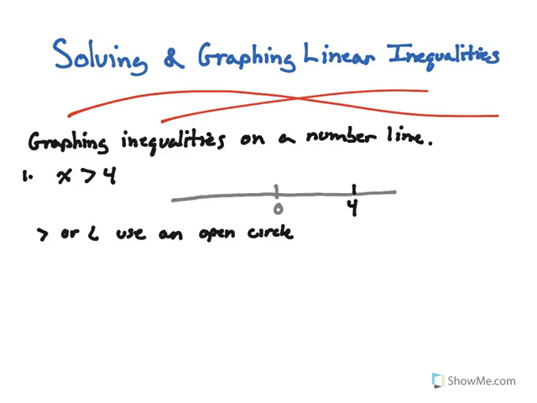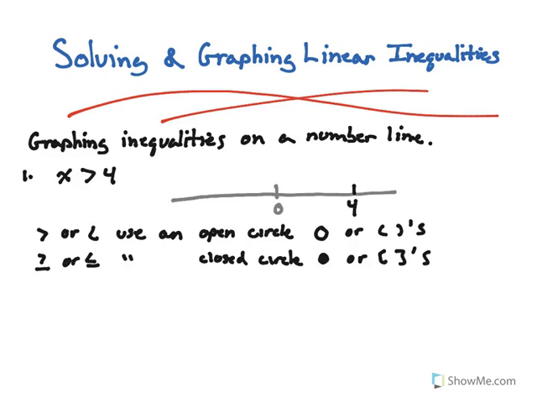Basically it looks just like this. And if you have inequalities that have greater than or equal to, or less than or equal to, we would use a closed circle. And that means we shade it in, just like that. And keep in mind, you can also use parentheses if you have an open circle, or you can use brackets.